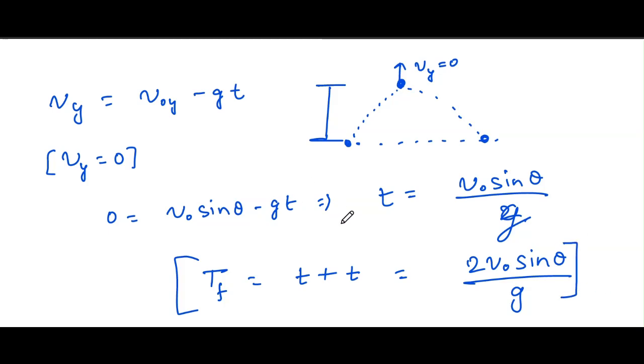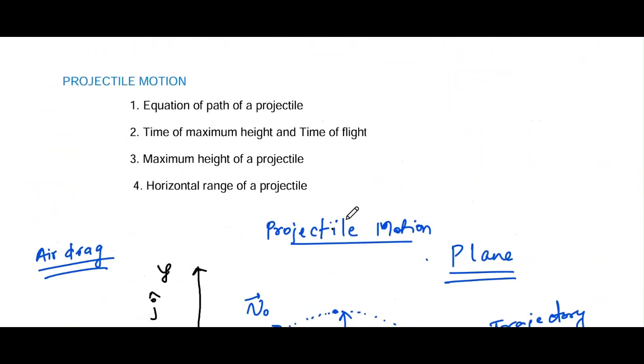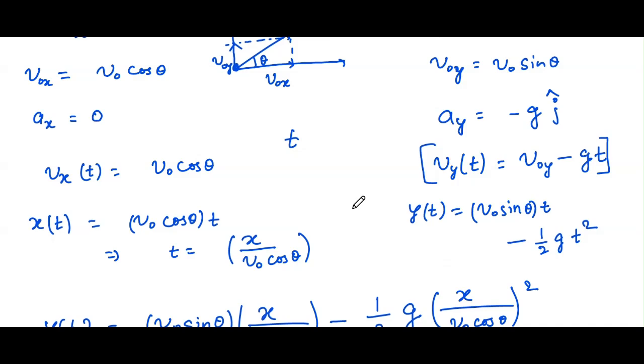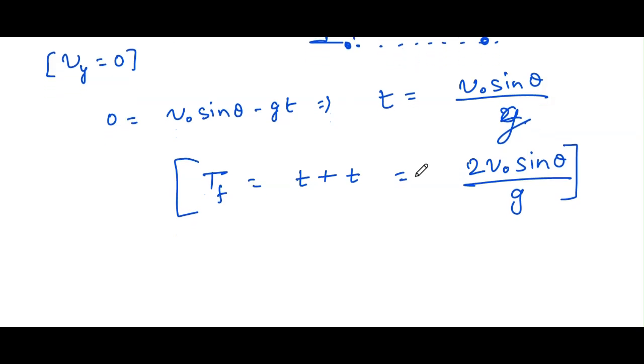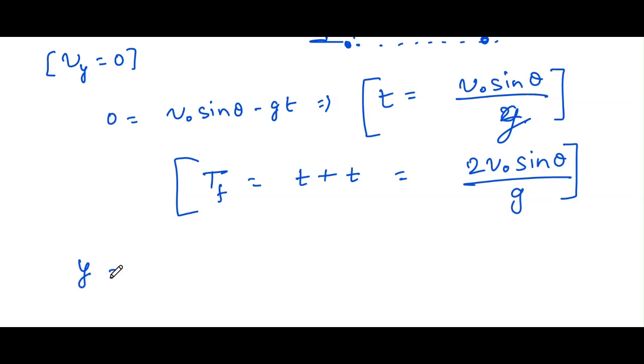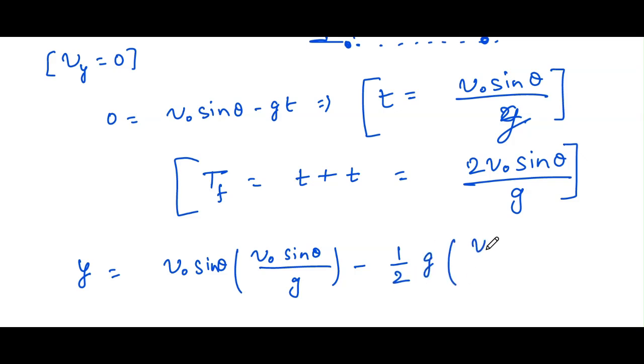Now moving to the next point, maximum height. So once again, this is the time of ascent, and we can write y equals u t, u is nothing but v naught sin theta, into t, that is v naught sin theta by g, minus half g t square. Why am I writing v naught sin theta by g in place of t here?